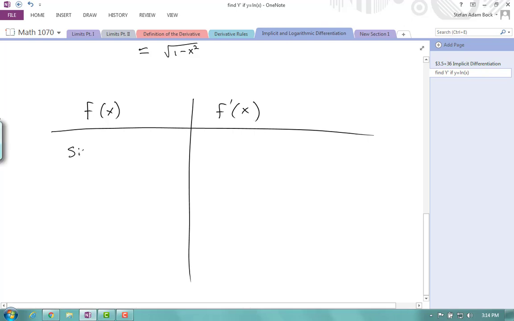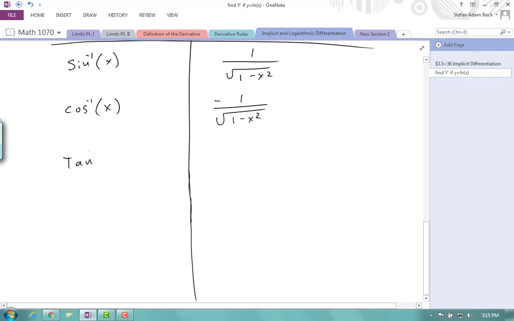If I have sine inverse of x, my derivative, as we found, is 1 over the square root of 1 minus x squared. If I have cosine inverse of x, this is the negative of 1 over the square root of 1 minus x squared. Tangent inverse will give us 1 over 1 plus x squared.